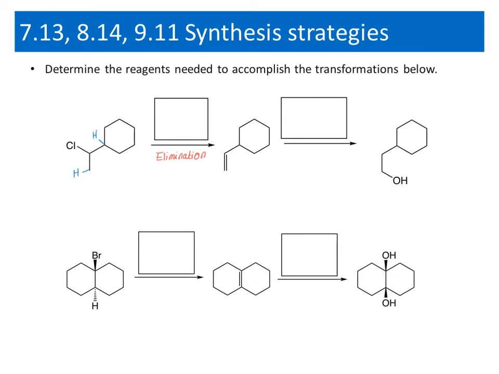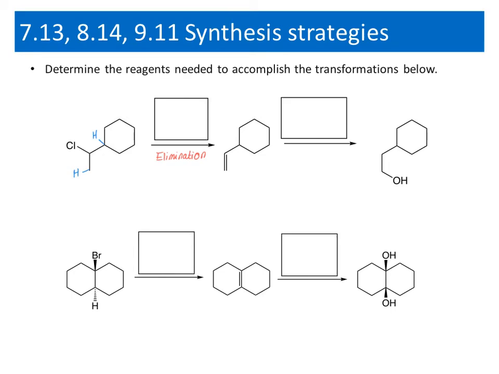Now, if this beta proton was abstracted, I should make a double bond here with the loss of leaving group, which forms the more substituted alkene, which is a Zaitsev product. However, that beta proton was abstracted to form a double bond here between these two carbons, and the leaving group left the molecule to form the Hofmann product.